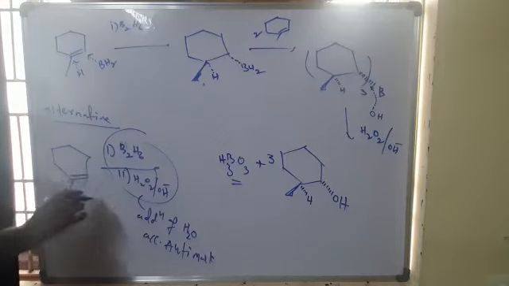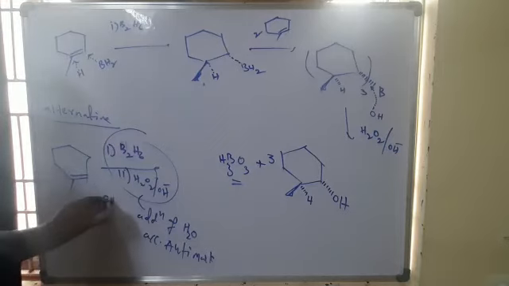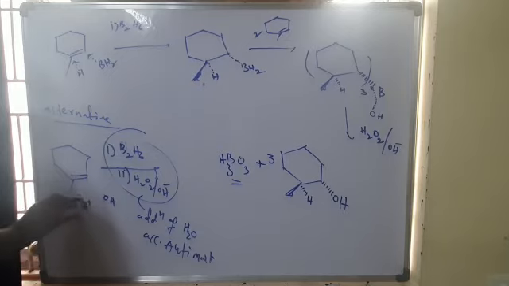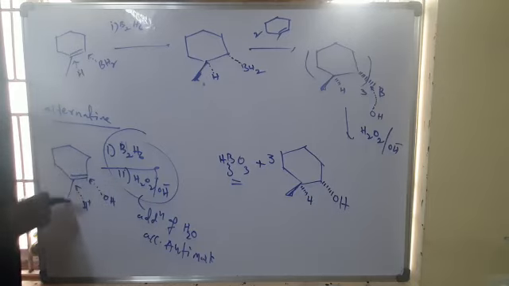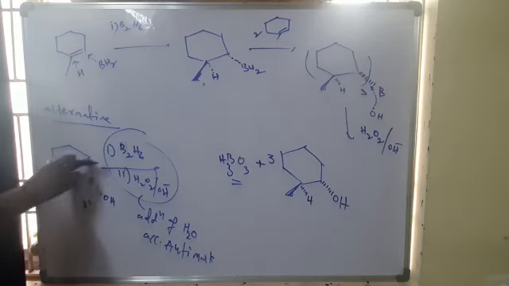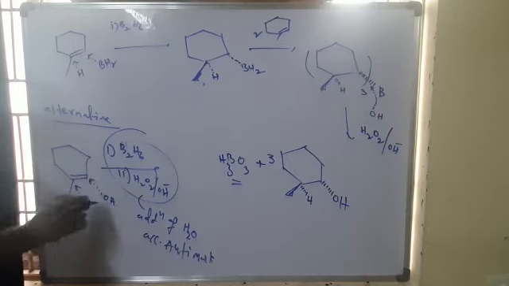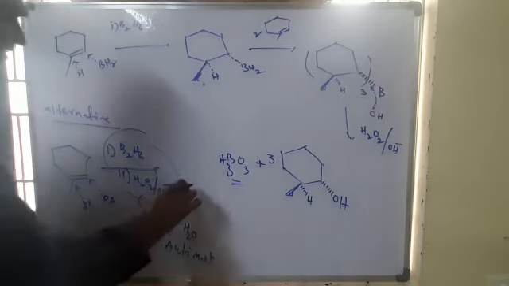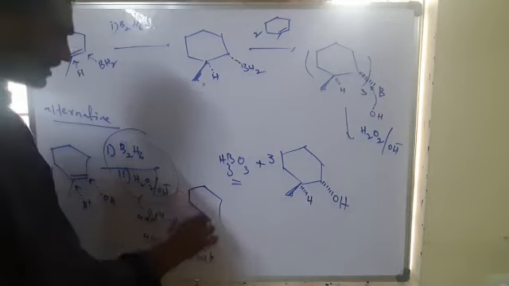That is, OH minus will attack the less hindered side and H plus will attack the more hindered side. Less hindered side means the carbon which has fewer carbons or more hydrogens. So this carbon has carbons on both sides, and this carbon has a carbon on this side and another hydrogen, so OH attacks the less hindered side. Now you can directly take the product.